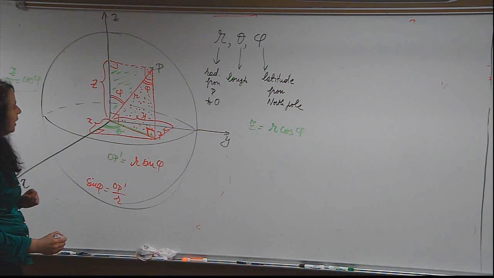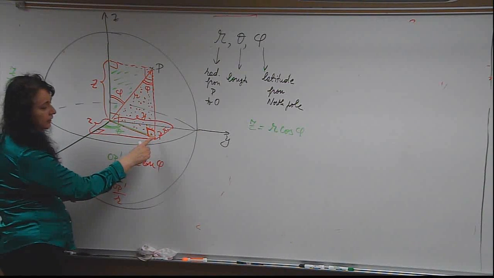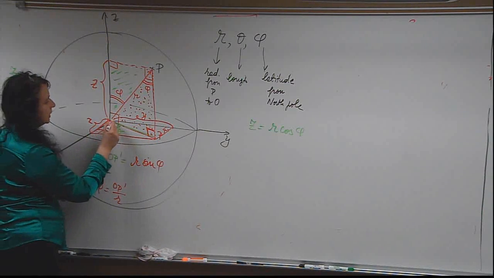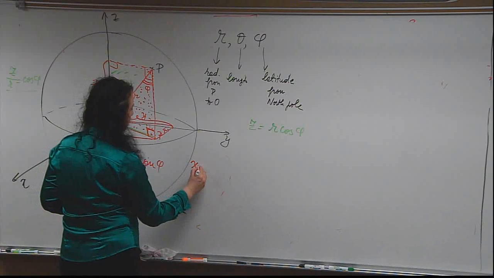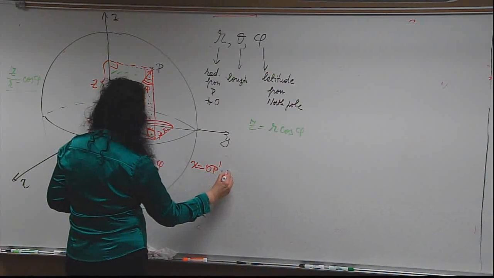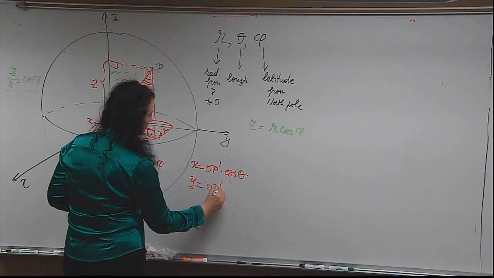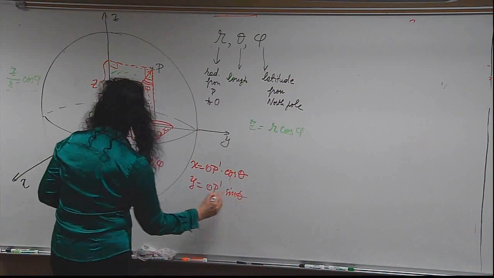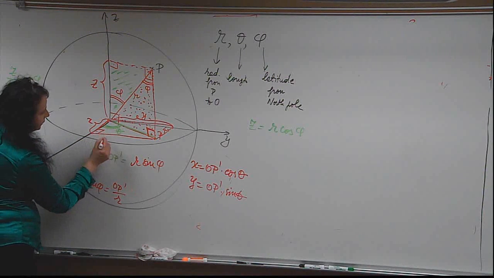Good. But now I have to go on because the lime guy is not the end of the game. The end of the game is X and Y. So X is OP prime cosine theta. Y is OP prime sine theta. Who can tell me why? Because X is your adjacent and Y is your opposite. Right, because this is also a 90-degree angle.